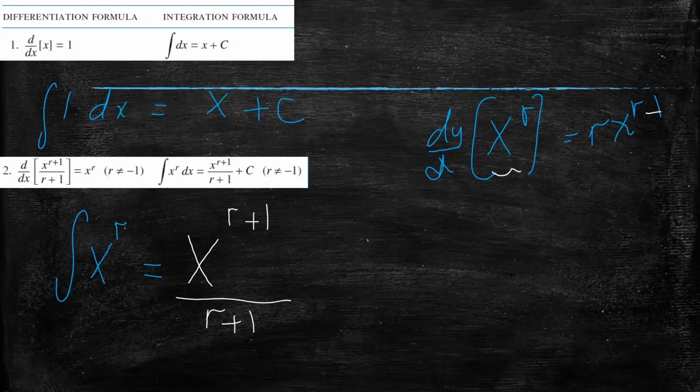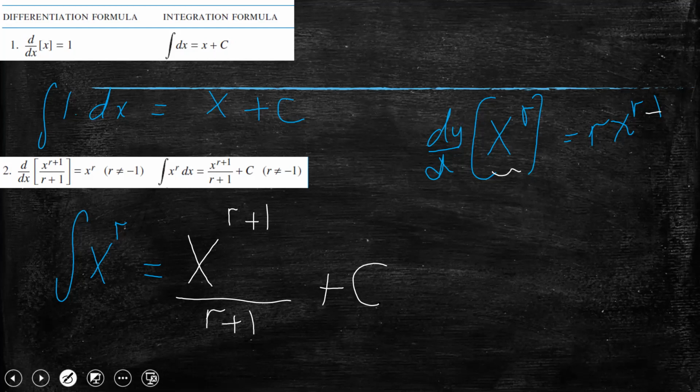So x raised to the power r plus 1 over r plus 1. Don't forget plus c. Except when r equals negative 1. Later on, I will talk about it. So if r is 0 or negative 2 or any number except negative 1, I will use this formula: x raised to the power r plus 1 over r plus 1 plus c.